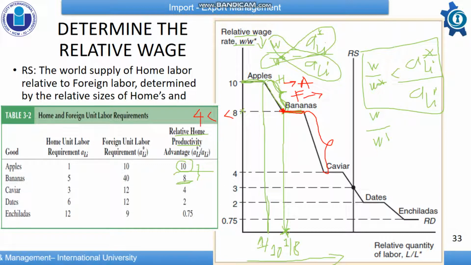We can determine when home will produce what products. And since we assume that our relative quantity of labor is here, we can determine that home will produce apple, banana, and caviar, and the foreign country will produce dates and enchiladas.